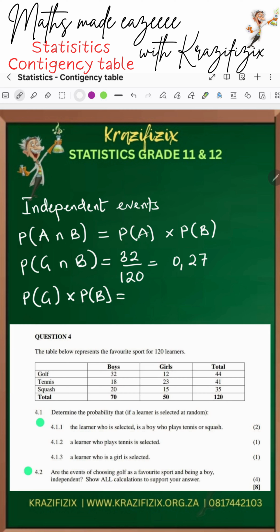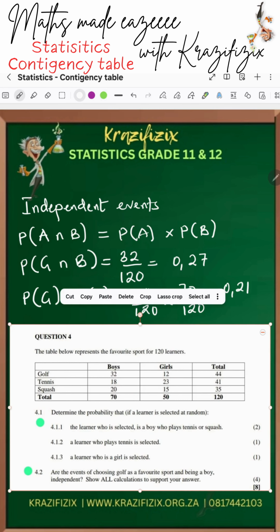How many people are playing golf? 44 over 120 times how many boys do we have in total? 70 over 120. I'm going to use an off-screen calculator. 44 over 120 times 70 over 120. Decimal, please. What will this give you? 0,21.